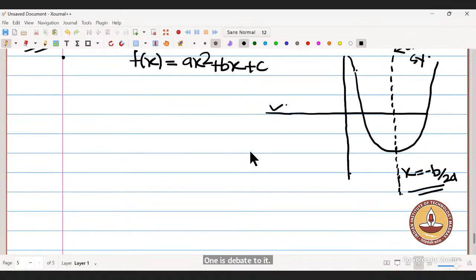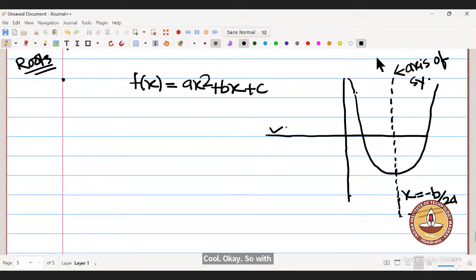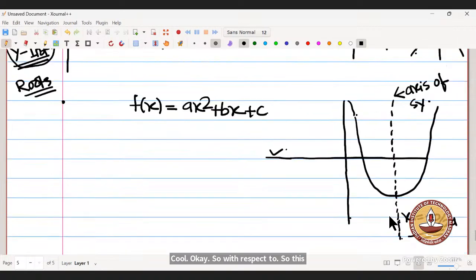So this parabola is symmetric about this line. That means if I know the parabola on this side, then I can know the parabola on that side as well. So if this distance is L, and this distance is also L, then they basically give the same value.